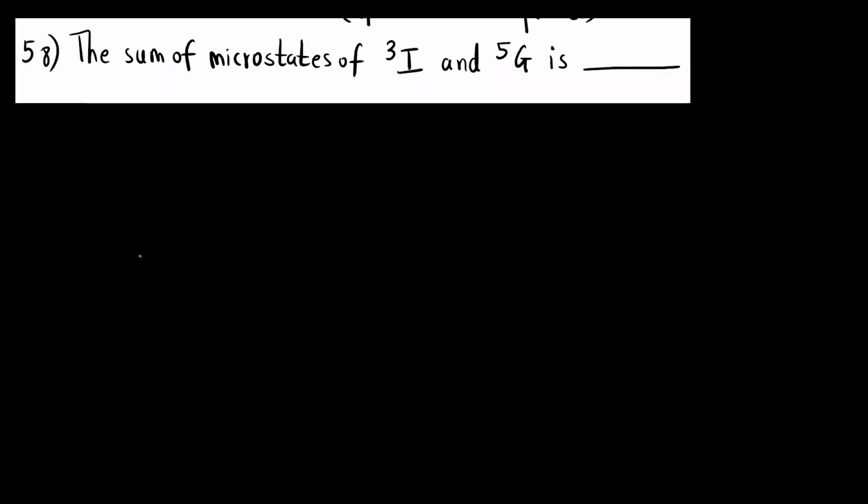Next one, 58. How do you find out the microstates? There are two formulas. One is when the electronic configuration is given. Then the formula is n factorial upon r factorial into n minus r factorial.